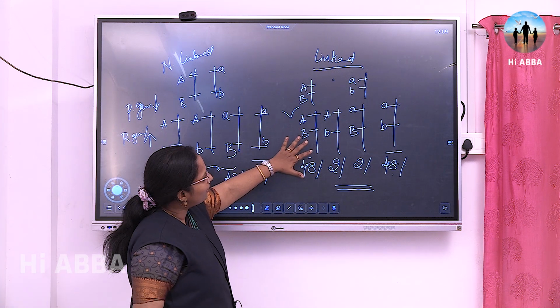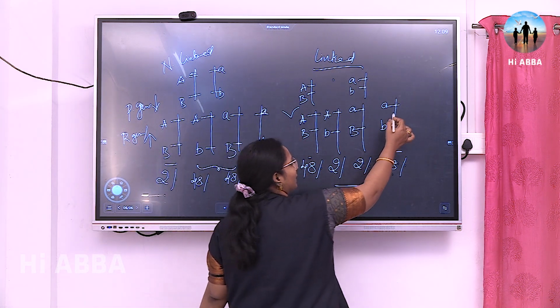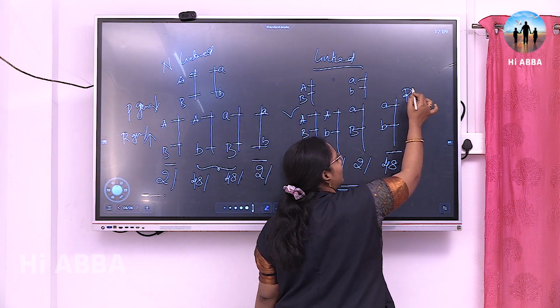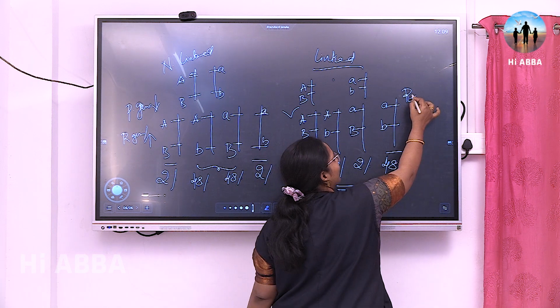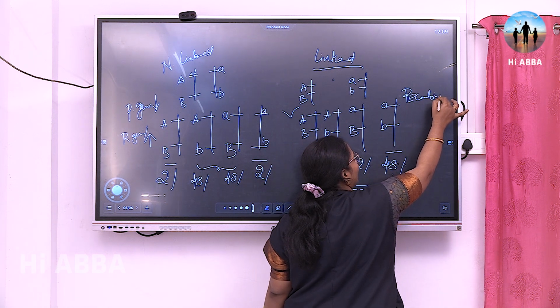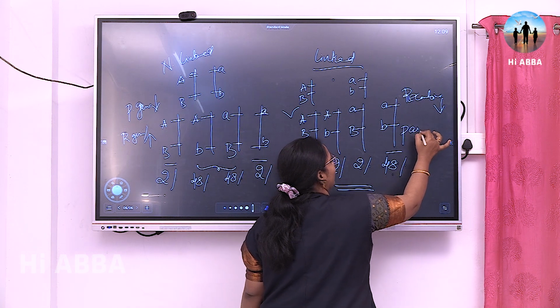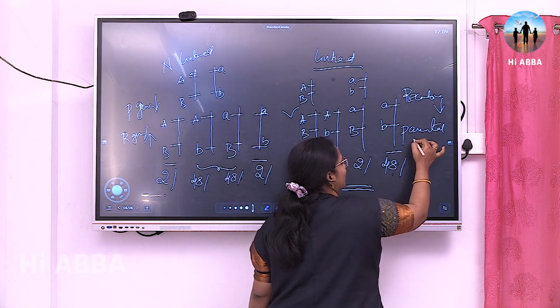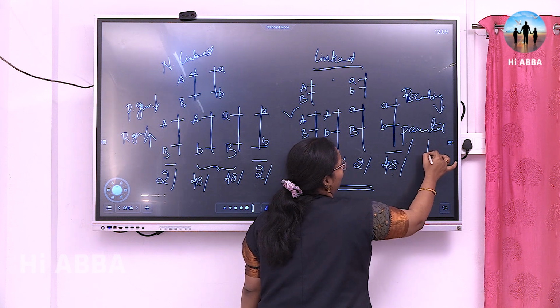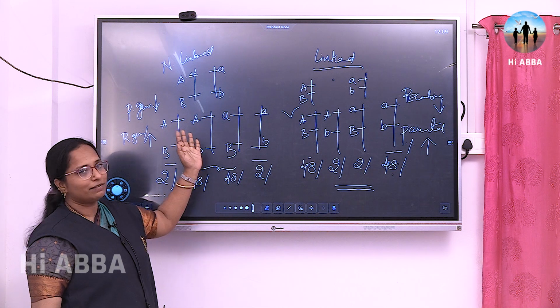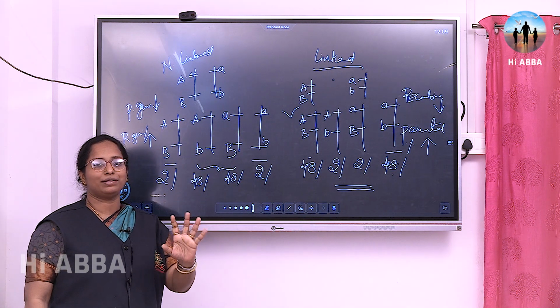So in these linked genes, they have a lower recombination frequency, and the parental genotypes will be more. So this is the final output we are talking about for the recombination.